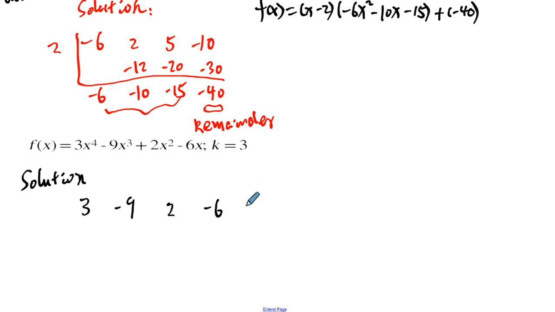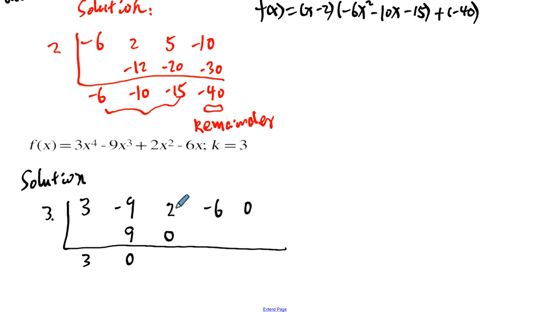Again, do not forget the constant, which is 0. Then you shall have a 3 put right here. 3 takes down. 3 times 3, 9. Add together 0. 0 times 3, 0. 2 plus 0, 2. 2 times 3, positive 6. Add together positive, negative, you get 0.